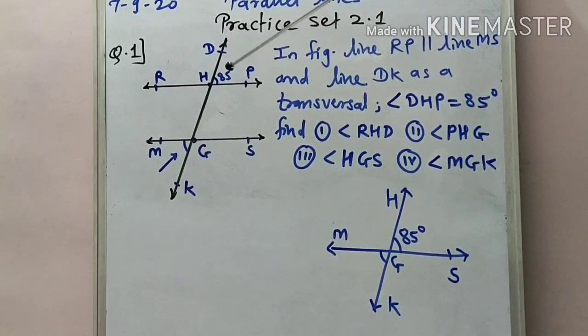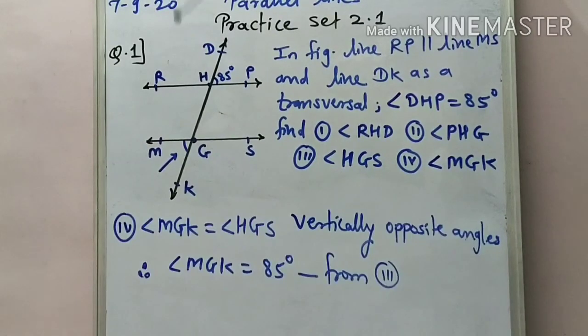This pair is known as what? Alternate exterior angles, two angles on the alternate sides of the transversal and in the exterior part of the lines. Anyone you can take to find angle MGK. Here we are taking the vertically opposite angles pair, angle MGK equal to angle HGS, and in the third we found that angle HGS is 85 degrees, so angle MGK is also 85 degrees.